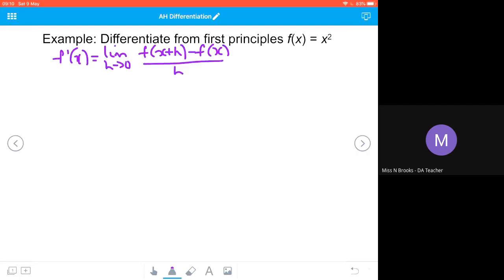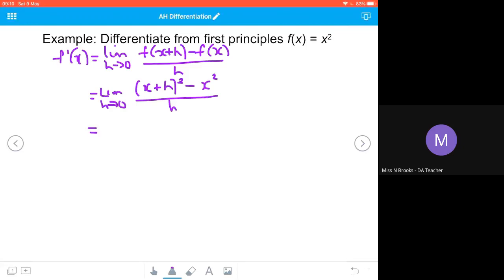So I'm going to substitute in my curve f of x equals x squared. So I've got my limit, and I'm going to have x plus h all squared take away x squared all over h.